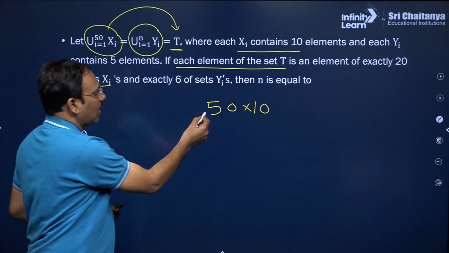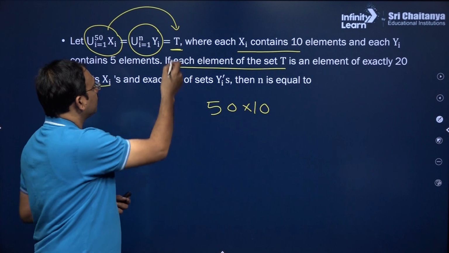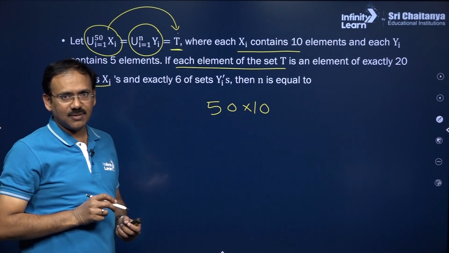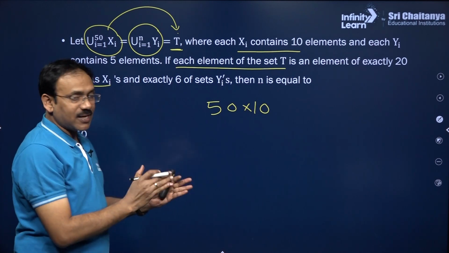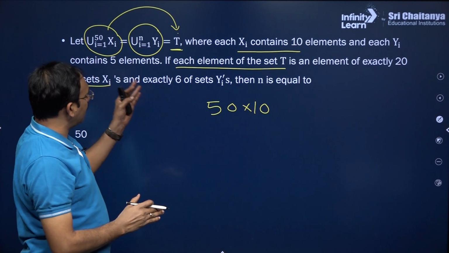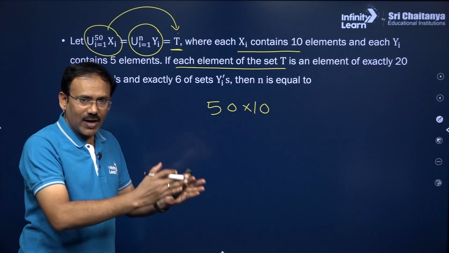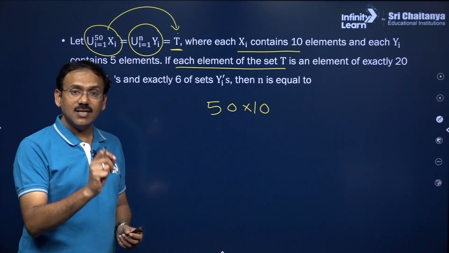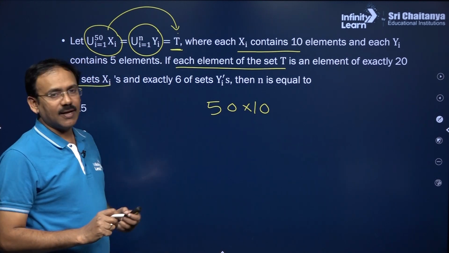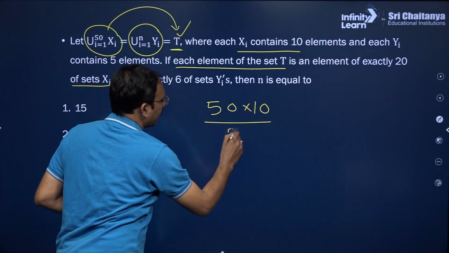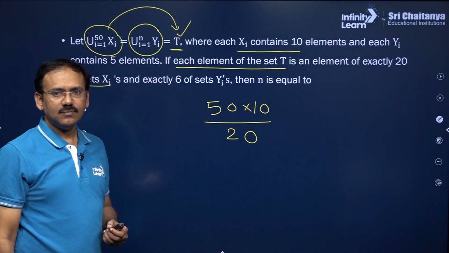That means, friends, out of these 500 elements, when you do the union, each element appeared 20 times. Each Xi has 10 elements, 50 such sets, 500 I have suppose kept on the ground. Of these you can see that each element is repeated 20 times. So the total number of elements in T is going to be 500 by 20, my dear friends, right.